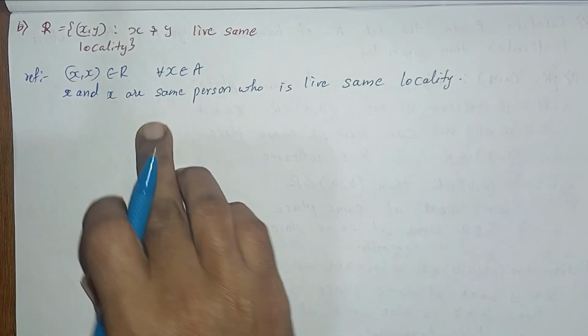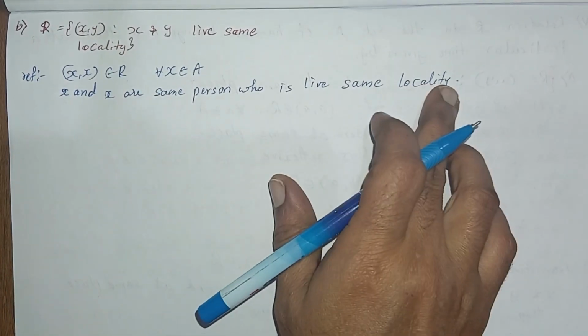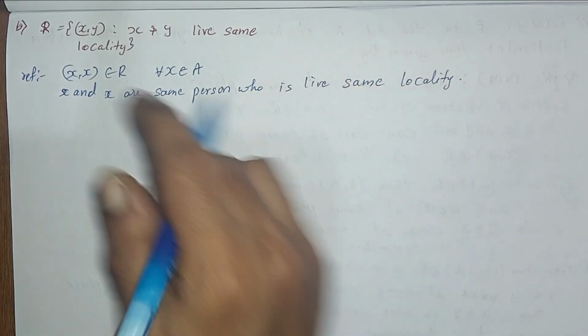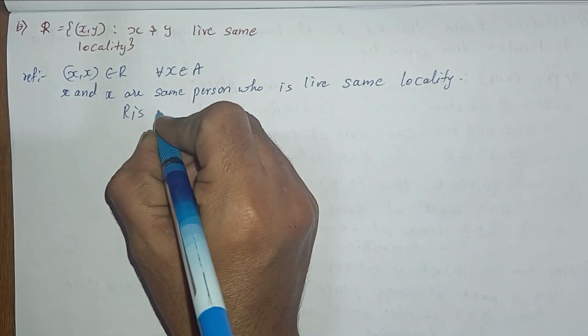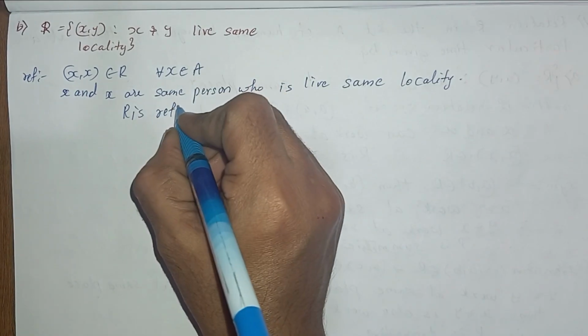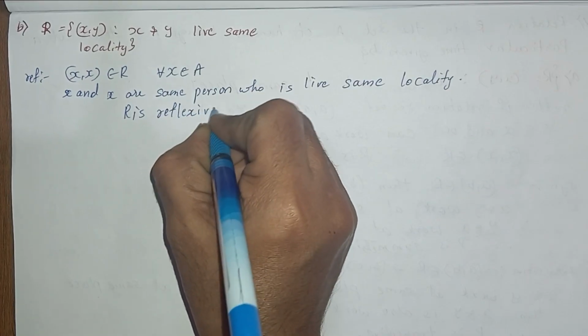So x and x are the same person living in the same locality. So this is reflexive. Therefore it is proved that R is reflexive.